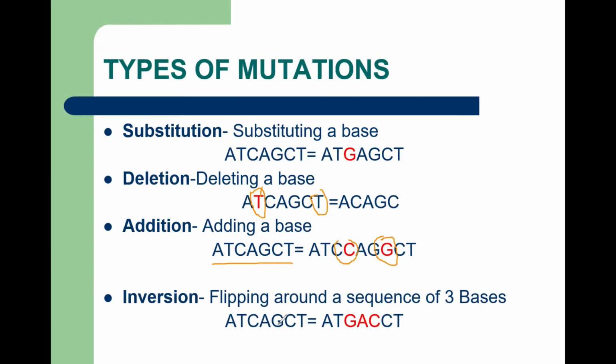Now we can clearly see that the C has changed position, the A also changed, and the G still remains here. So this type of mutation is called inversion: some nucleotides are flipped to another position.